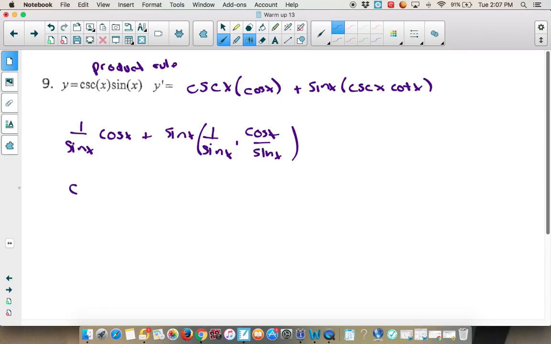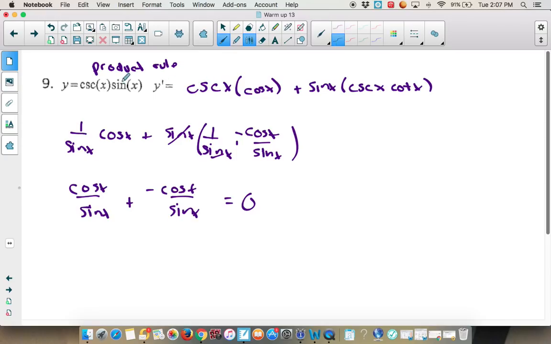So this ends up being cosine x over sine x plus sine x divided by sine x times the negative cosine x over sine x. So that ends up being 0. All that work for 0.